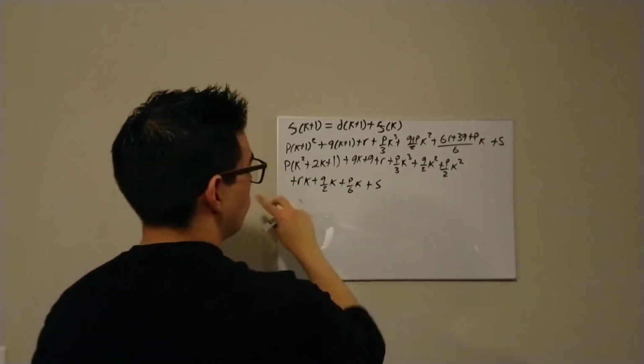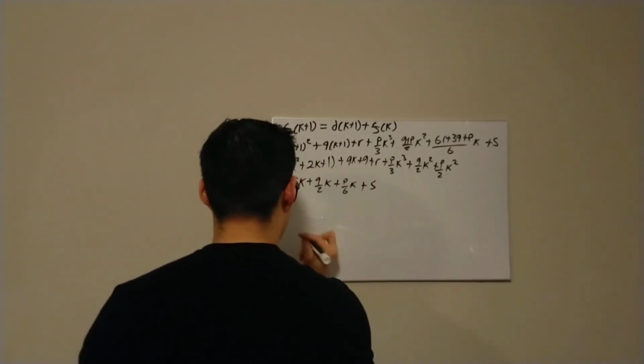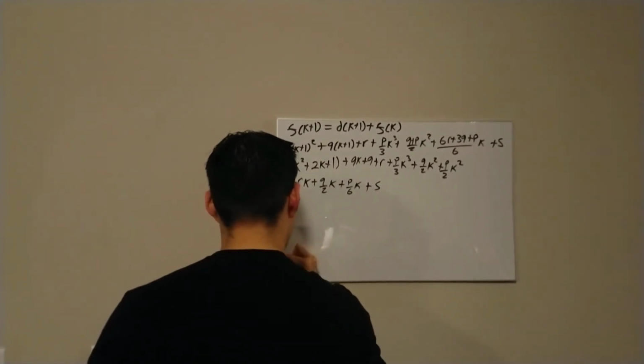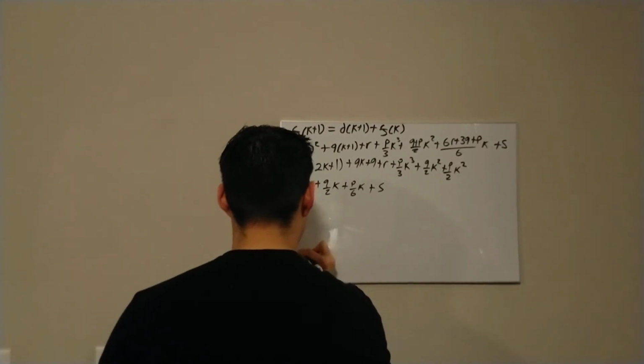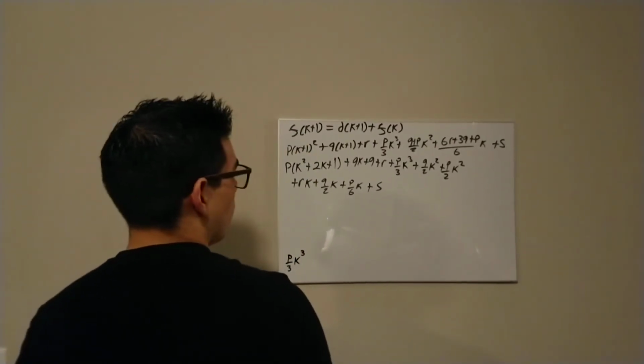Alright, so then we're getting all this, we're going to get p/3 k cubed, okay?